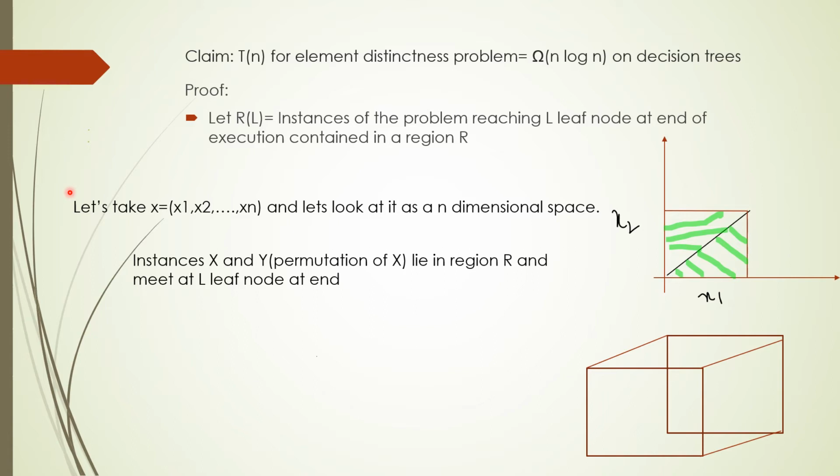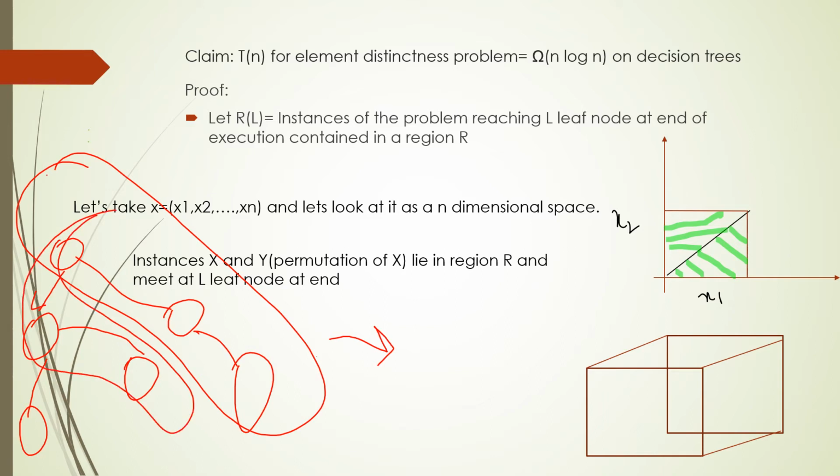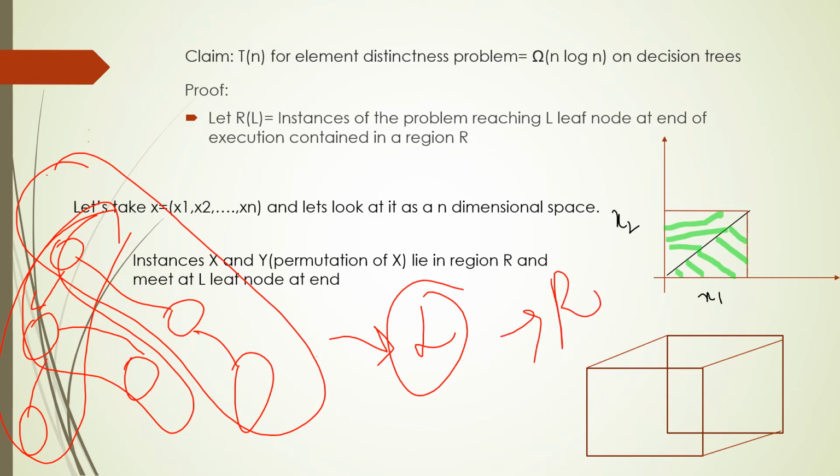What we are trying to show here is that any iteration, this is one iteration, this is another iteration, all these iterations will end at L, and this will be part of the region, correct?